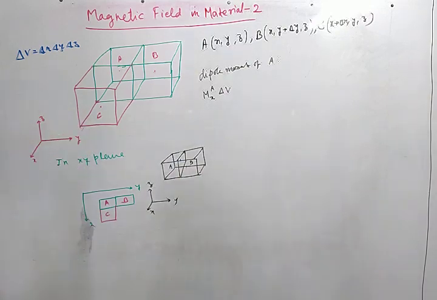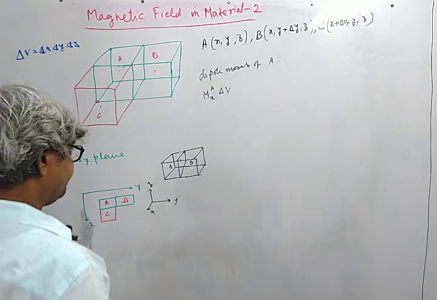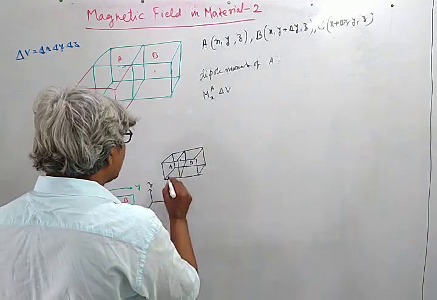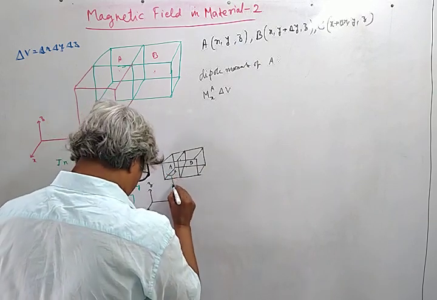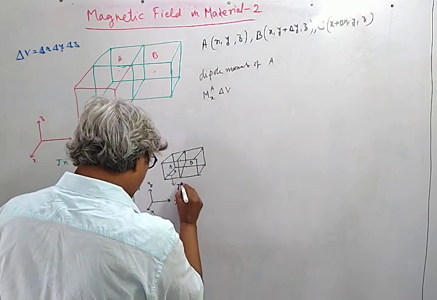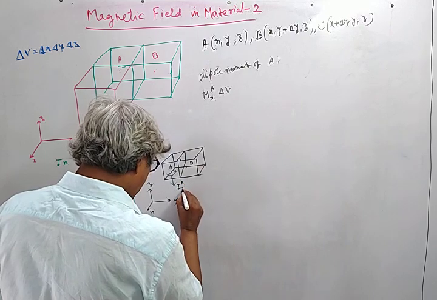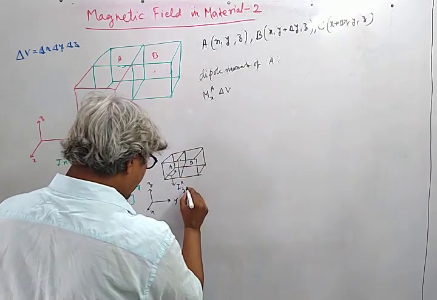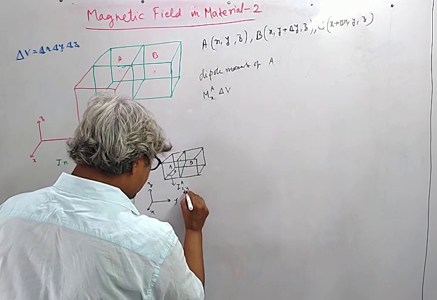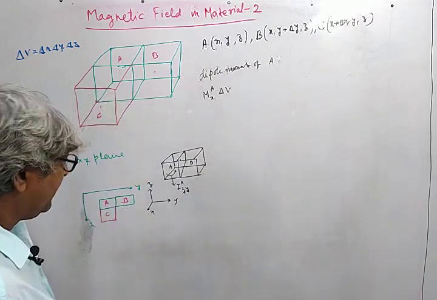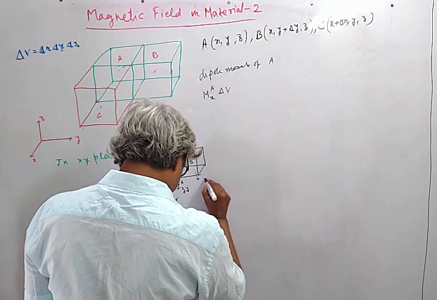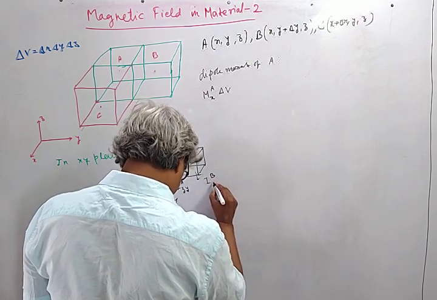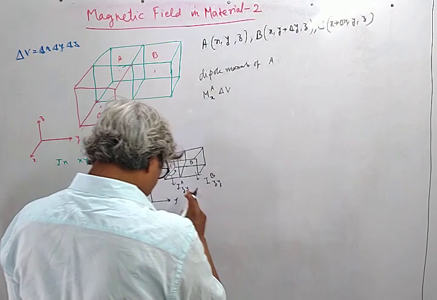On the other hand, we can define it in another way. If we look down the z axis, the current flowing through it is in this direction, and we call it I_A. This is the current along the z axis, and we use another subscript which will become clear: I_B,ZY.